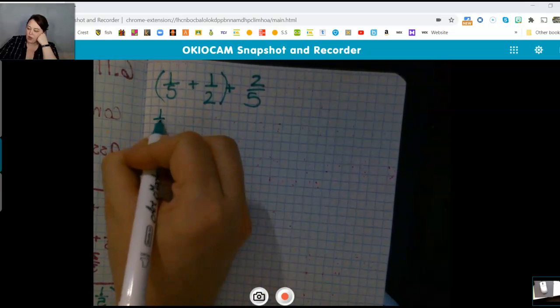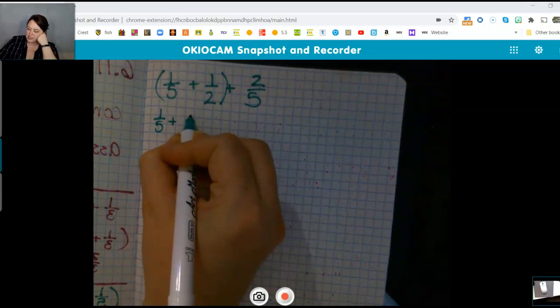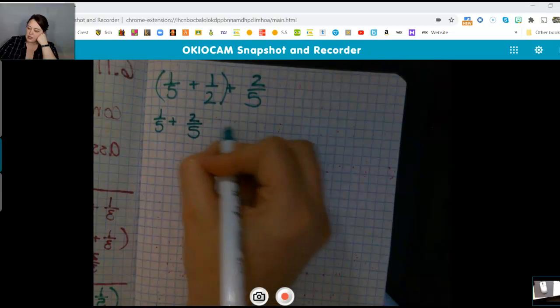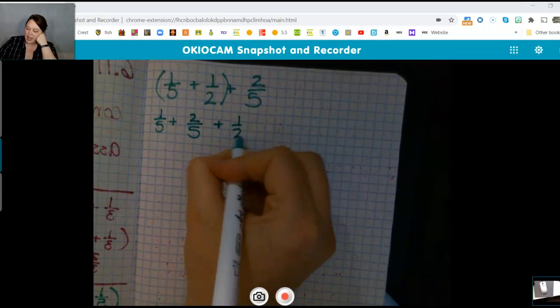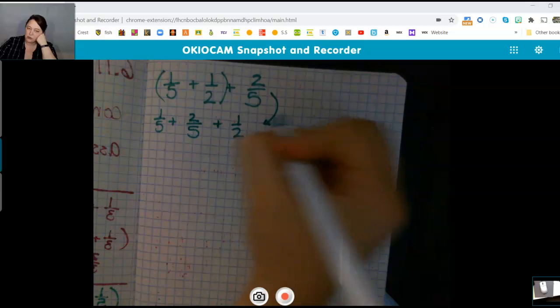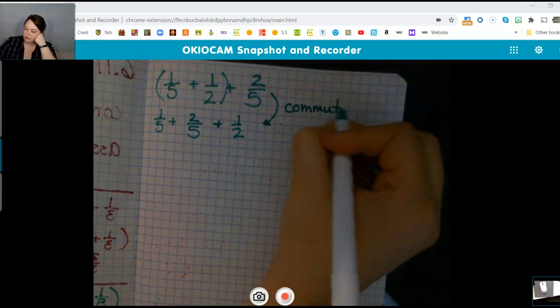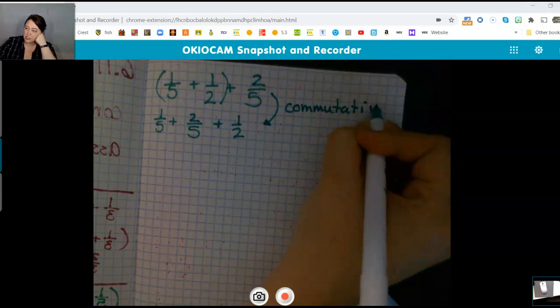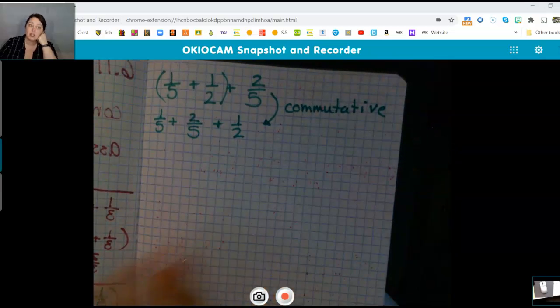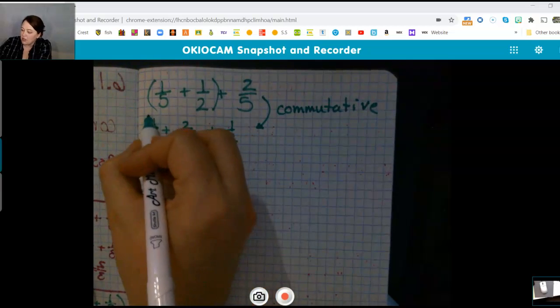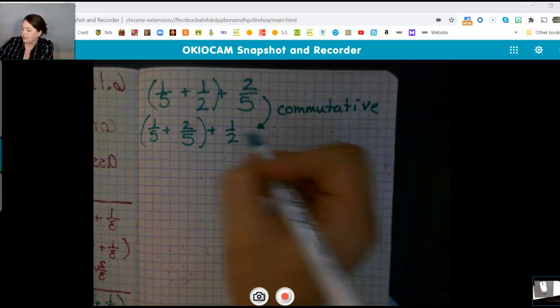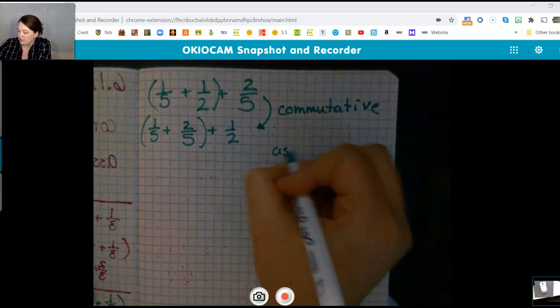I'm going to say 1/5 plus 2/5 plus 1/2. To go from here to here is commutative. My order changed. All right, now I'm going to group them. And because I'm grouping them, that's associative.